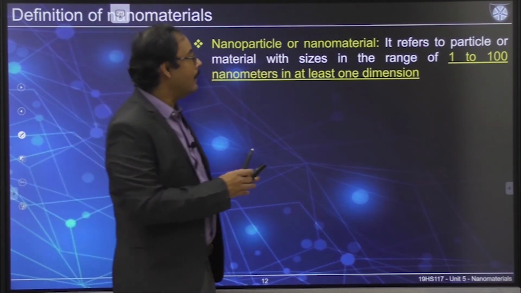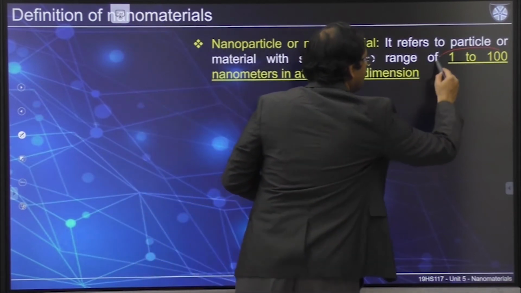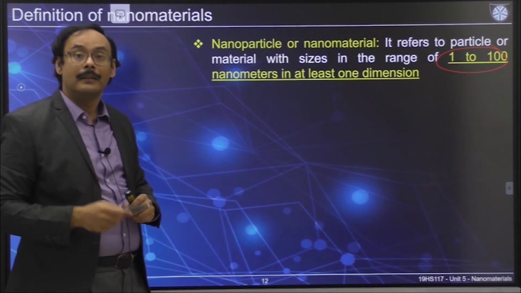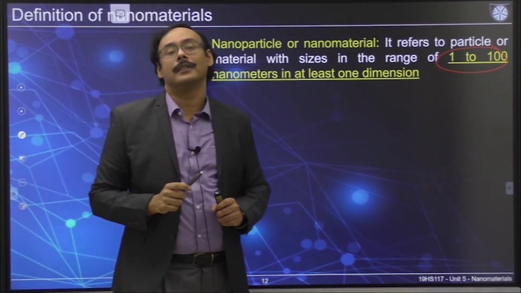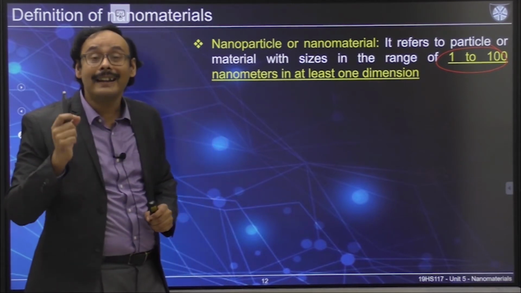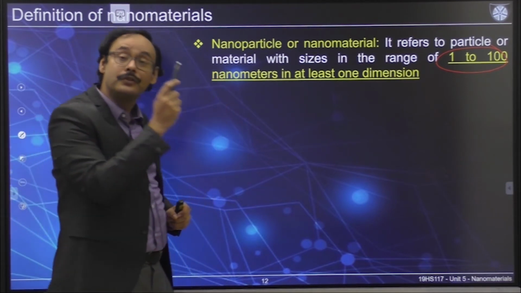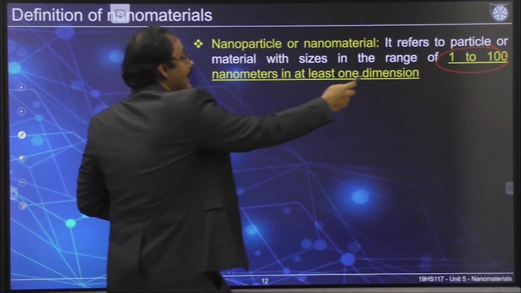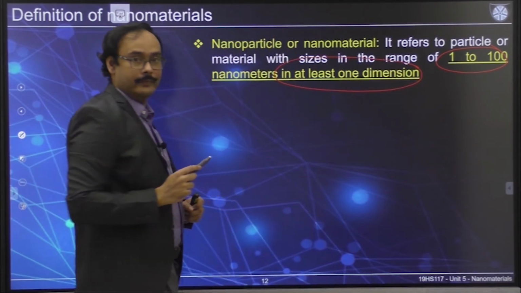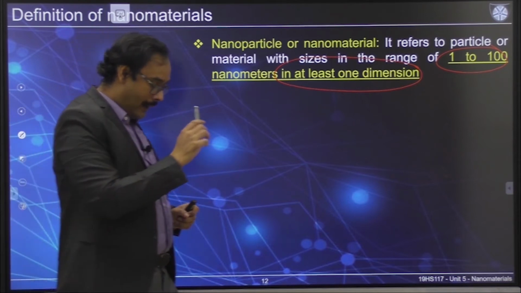Till now we have talked about the size part, but that is not the whole definition of nanomaterial. In order to be defined as a nanomaterial, you have to have that size range in at least one dimension. What does it mean?